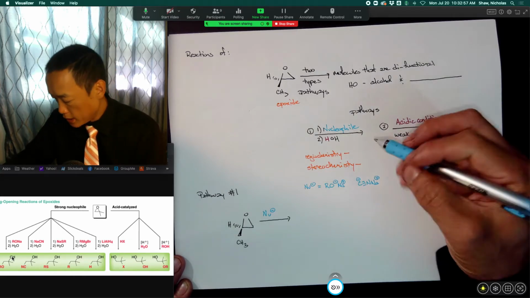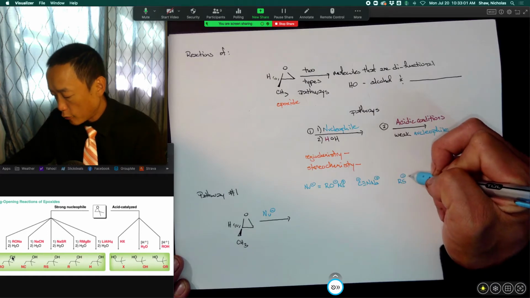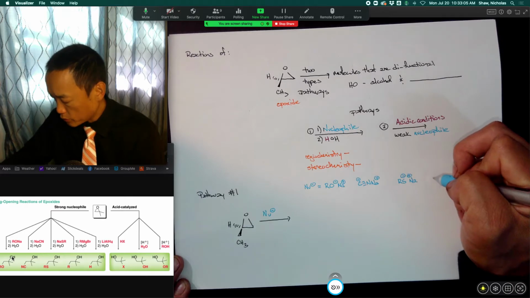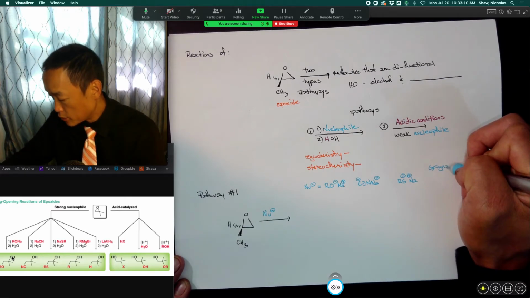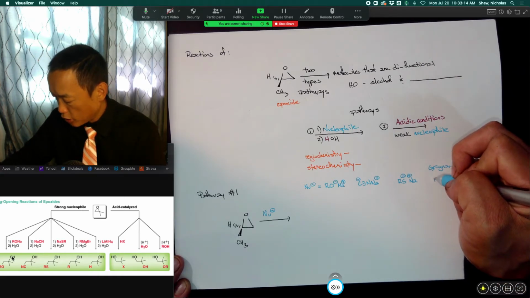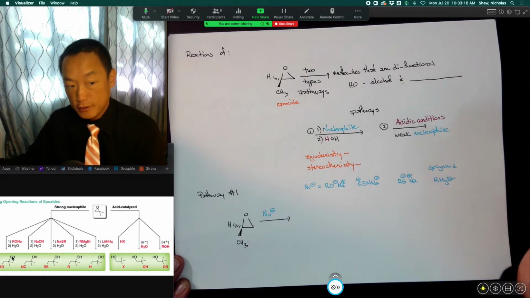It could be a C triple bond N with a minus with a sodium ion next to it. It could be a sulfur-bearing nucleophile with a sodium next to it. It could be a much weaker nucleophile, like a Grignard. You've seen Grignards before. And it could be this R partial minus MgBr type thing as your nucleophile.